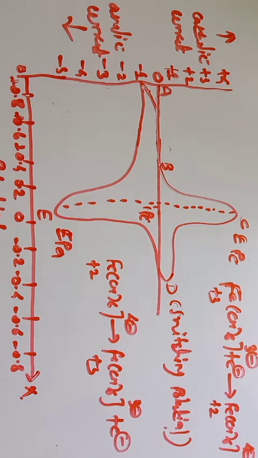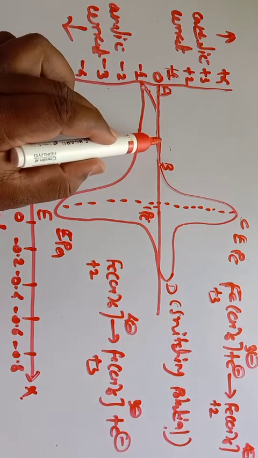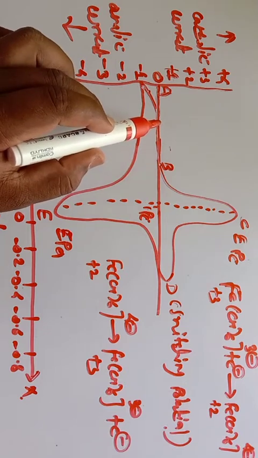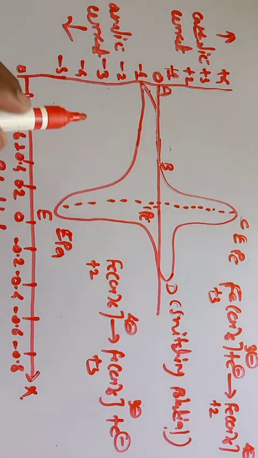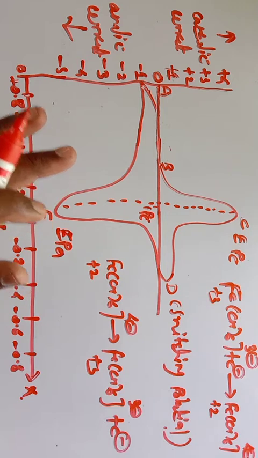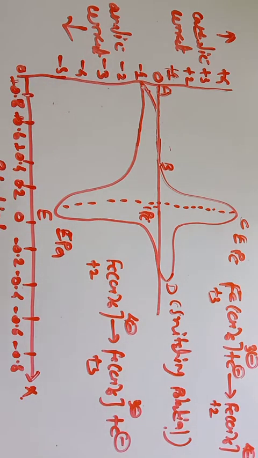This potassium ferricyanide cannot undergo a reduction reaction at this potential, and therefore the peak current is zero. The potential is not sufficient to oxidize or reduce the potassium ferro or ferricyanide.